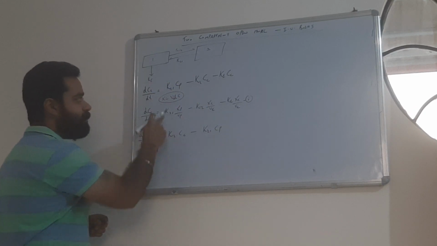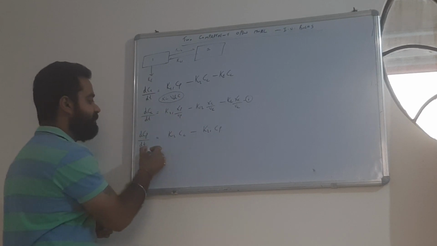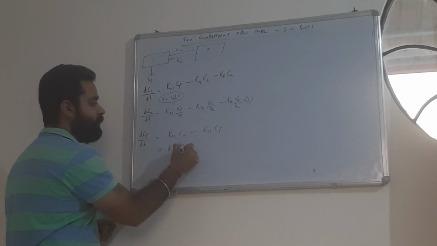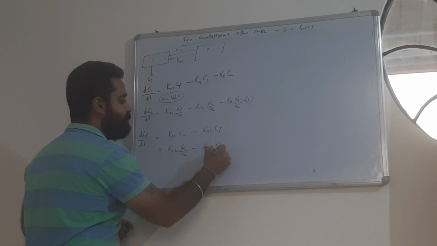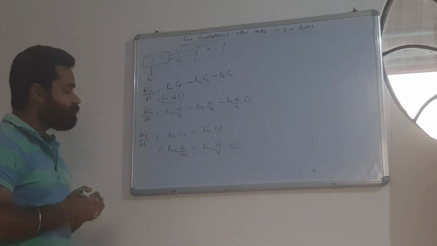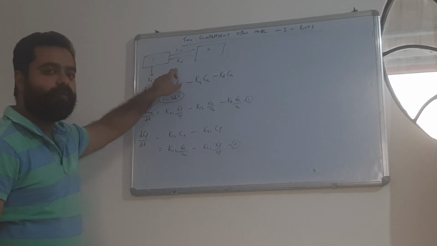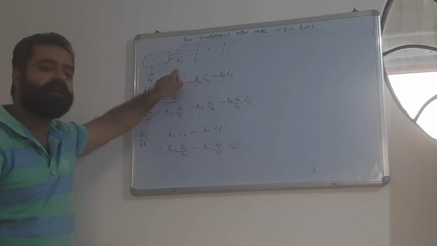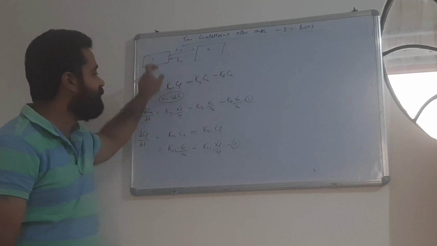Again, by using the relation X = Vd C, we apply it in this equation and we get K12 Xc/Vc - K21 Xp/Vp. This is our equation 2. The rate constants K12 and K21 are the micro constants for the reversible drug transfer between compartments 1 and 2, and 2 and 1.